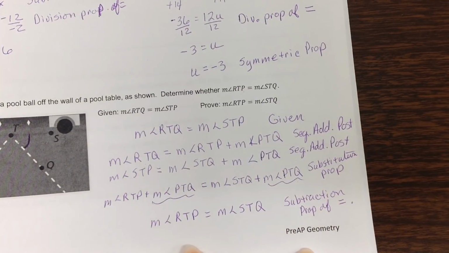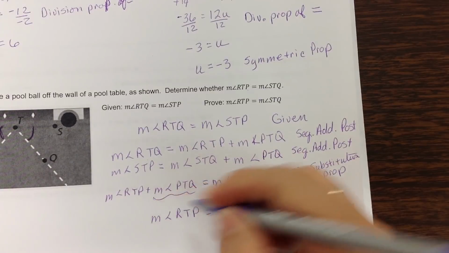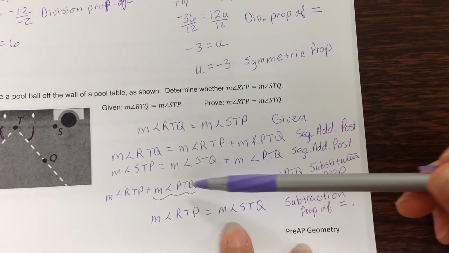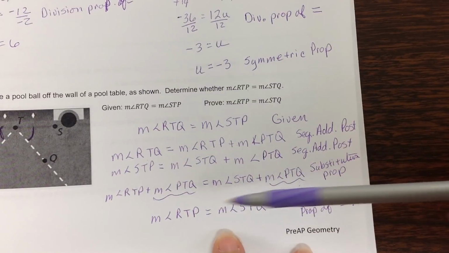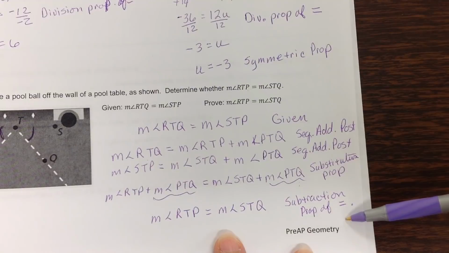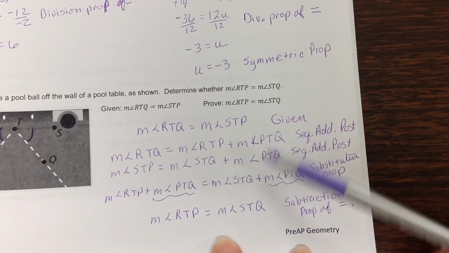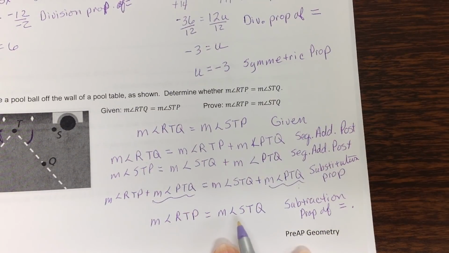Now notice, you don't see me actually doing the subtraction. You don't actually have to show the subtraction step, but you do need to tell me how you got to the next line. So that's why I'm using that subtraction property. Okay, so basically I've proved the statement I was looking for. I've proved that RTP is equal to the measure of STQ.